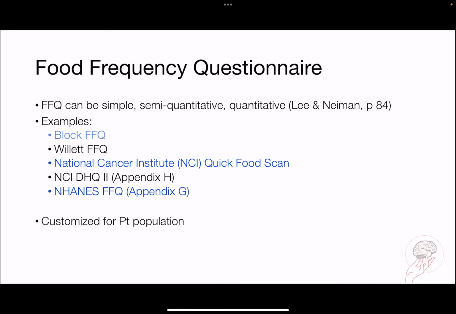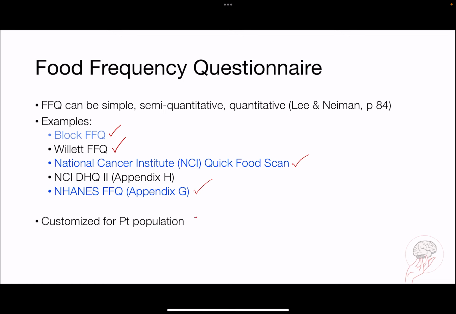So like I mentioned, food frequency questionnaires can be simple, they can be semi-quantitative or fully quantitative. And there's several validated food frequency questionnaires. You'll often see use of the Block food frequency questionnaire, the Willett food frequency questionnaire, the NCI quick food scan, and then also the NHANES.